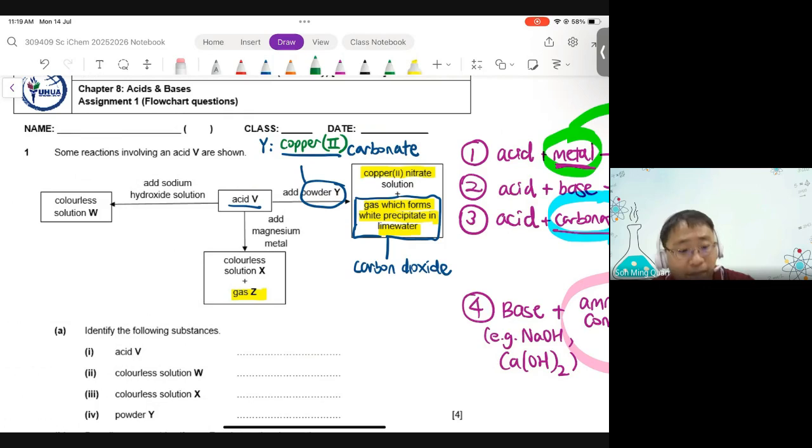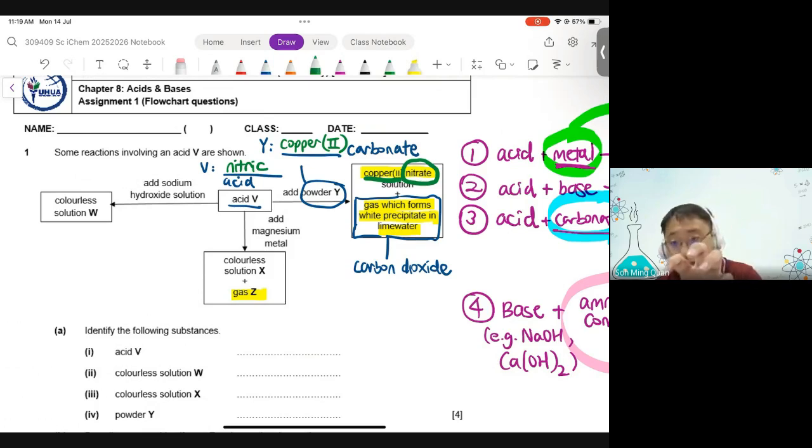At the same time, we can already work out what the acid is. V is an acid. What acid is it? Copper 2 carbonate forms copper 2 nitrate. Where did the nitrate come from? If you recall, when we wrote equations, nitrate came from an acid called nitric acid. So V is nitric acid. So you have already found V and Y. Notice that we didn't go in alphabetical order.